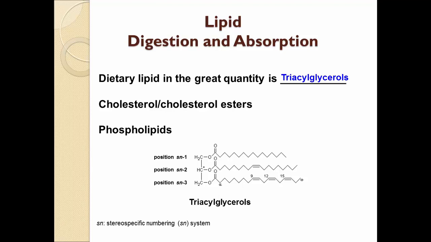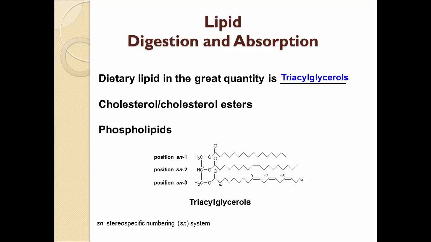So here is the triglyceride structure. I think it's important. Try to remember this structure, it will help you understand later how lipids are metabolized or synthesized. Basically, triglyceride has a glycerol backbone, right? And 3 fatty acids attached to the glycerol backbone to form triglyceride, right?